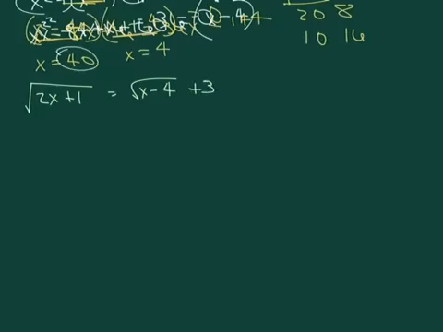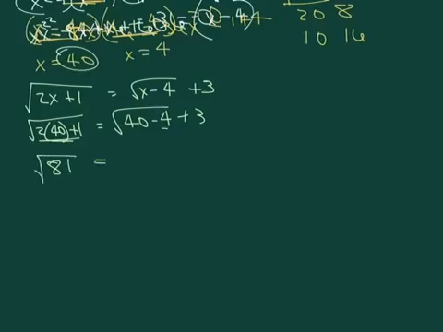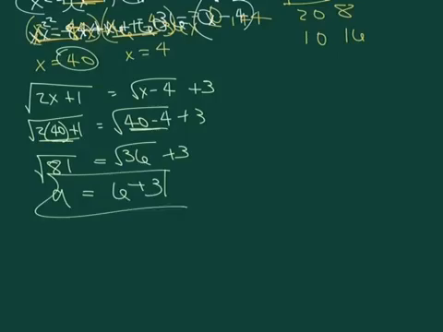So I'm going to put 40 in first. So that's going to be 81. That's going to be 36. This is 9. Square root of 36. That works. Okay, so I know 40 works.